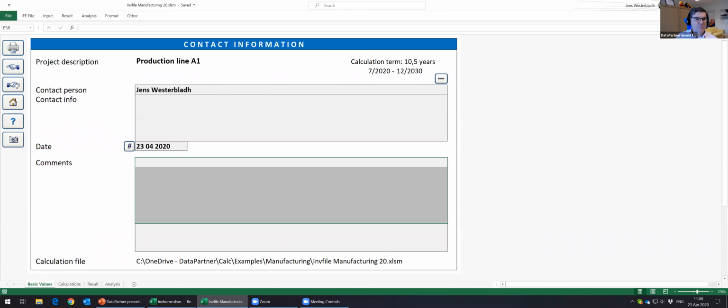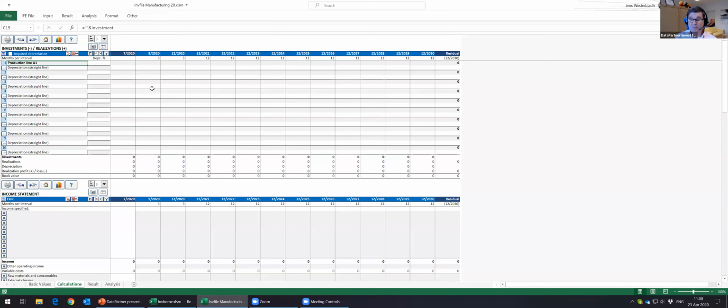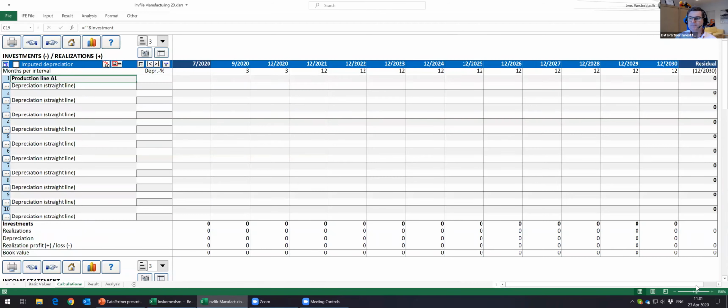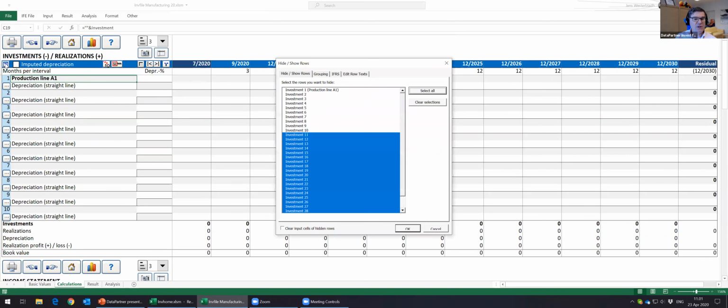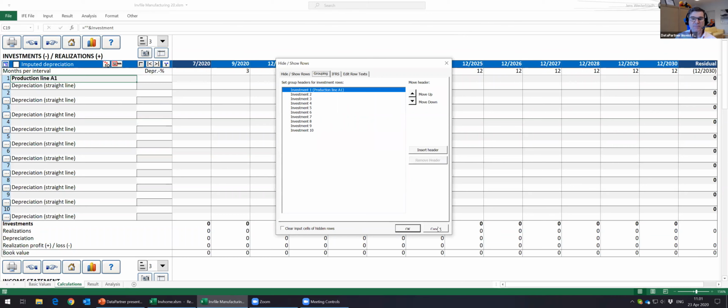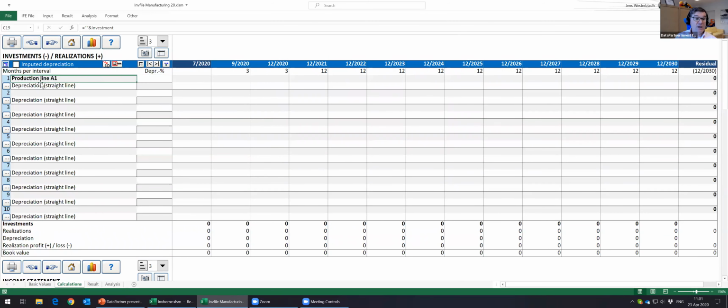And we go to the investment table. I make it slightly bigger. So you have rows for different investment items, and if 10 is not enough, you can choose to have more items. You can also group them with headings in between. And you can name them whatever you like.